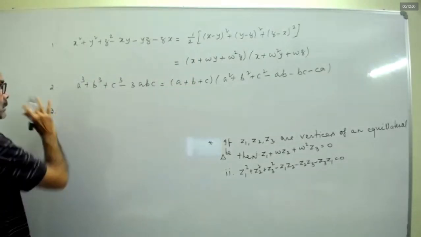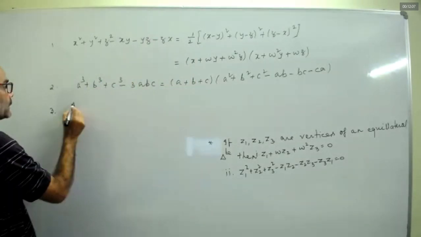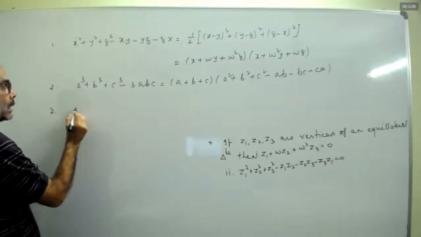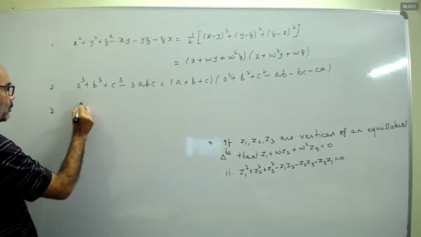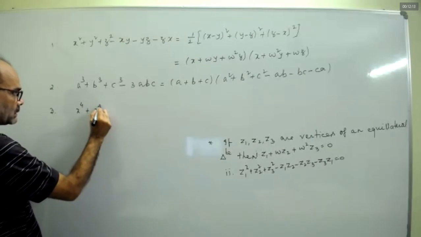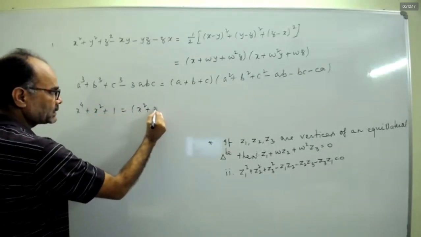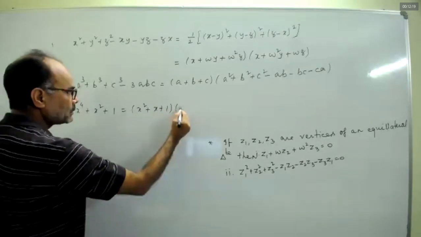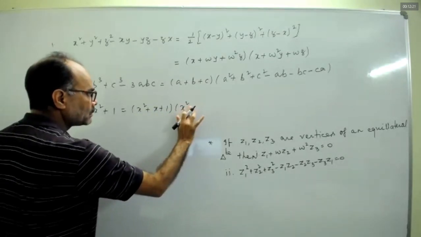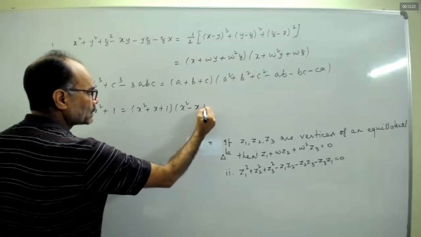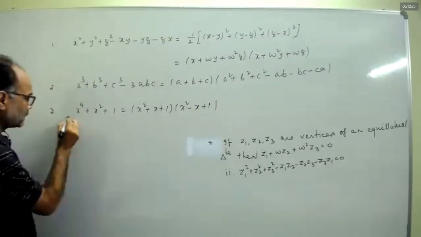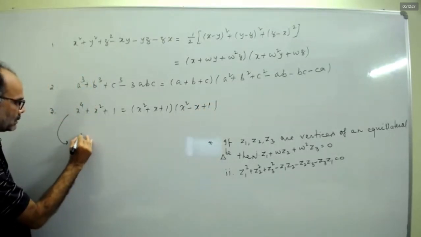One more, you can write separately, not here. This one, x to the power 4 plus x square plus 1, will also come again and again. What is its factorization? We can prove it.